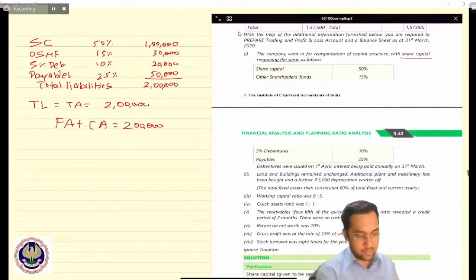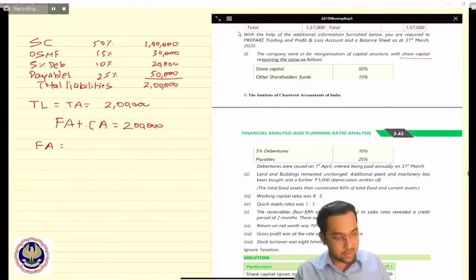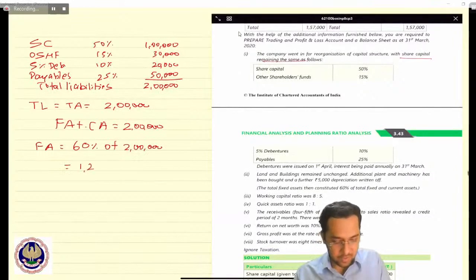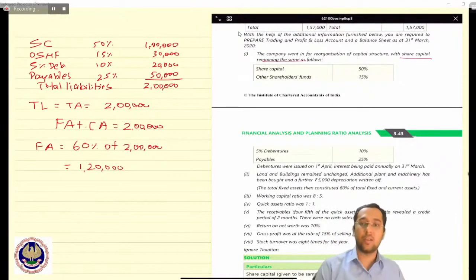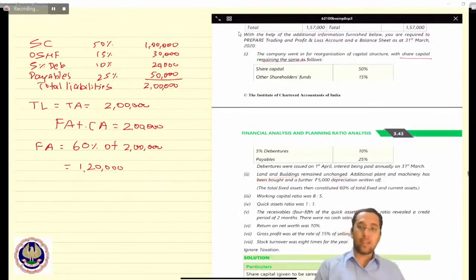Now they further say that our total fixed assets are 60% of total fixed assets and current assets. The fixed assets are 60% of the total assets, so it is 60% of 2 lakh, which means fixed assets are 1,20,000 as on the closing date. Now I have to adjust land and building and plant and machinery value from that.